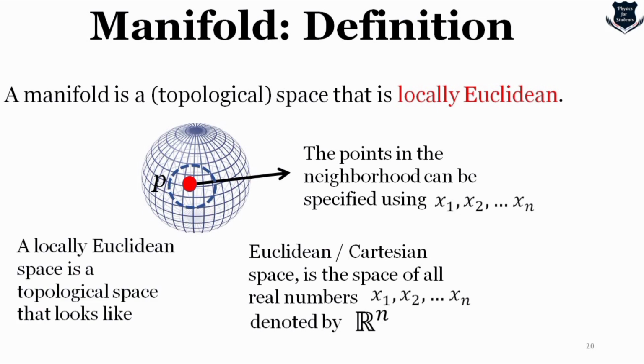A locally Euclidean space is a topological space that looks like Rn. Euclidean n-space is sometimes also called a Cartesian space, or simply n-space, and it is the space of all n-tuples of real numbers from x1 up to xn.